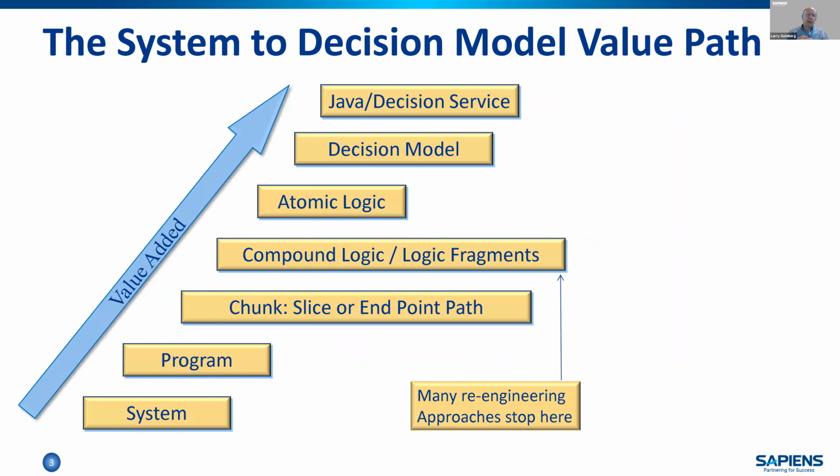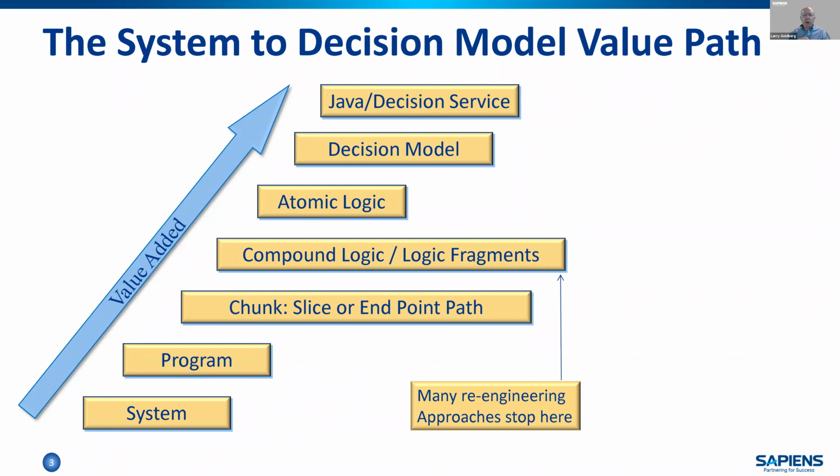And that's kind of represented by this diagram here, where we show what we believe to be the value add of extracting that atomic logic from within the legacy system, reconstructing it into decision models, and then implementing those decision models.